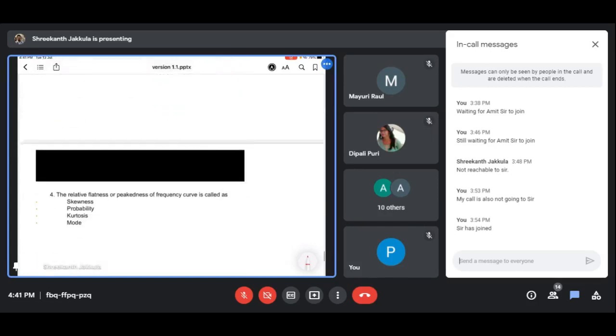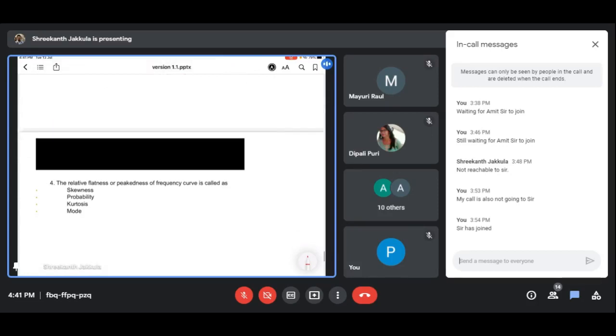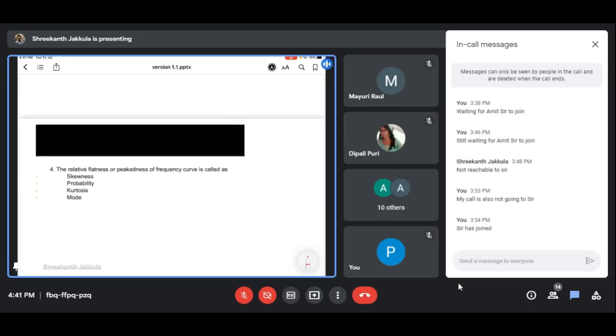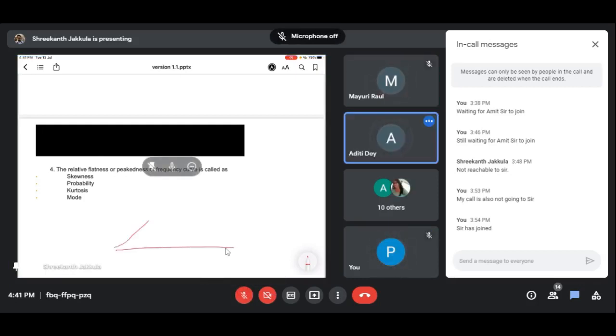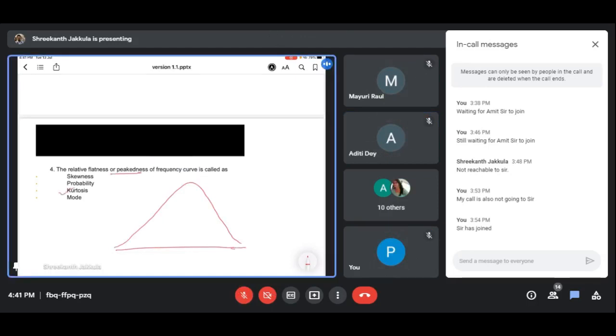Next question. The relative flatness or peakedness of a frequency curve is called as skewness, probability, kurtosis, or mode. What is the answer? Kurtosis. That is the peakedness.